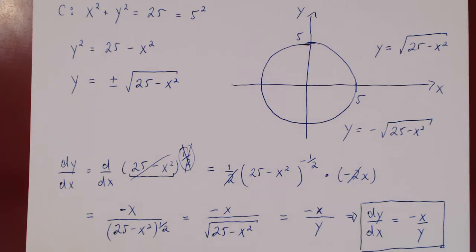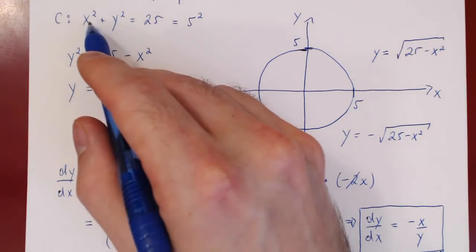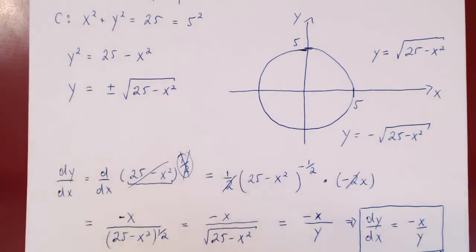Now, let's take a given point on this circle and find the equation of its tangent line at that point. Well, if you look at the equation of the circle, it's x squared plus y squared is 25.